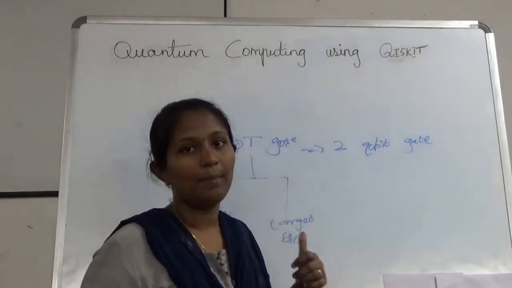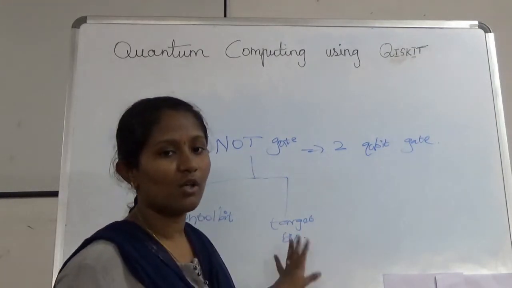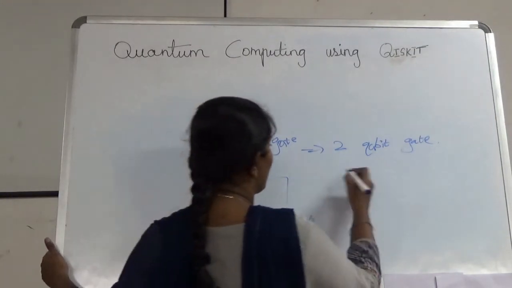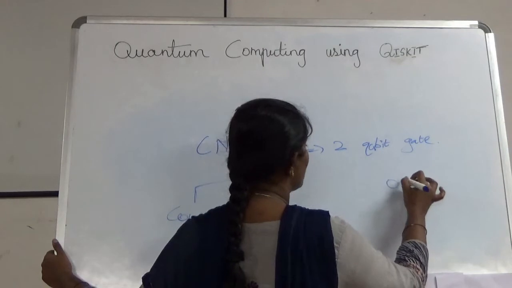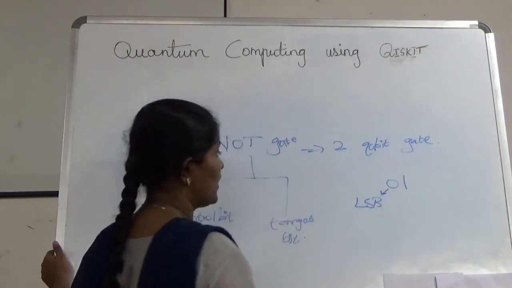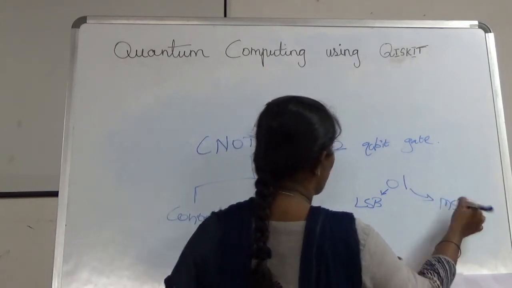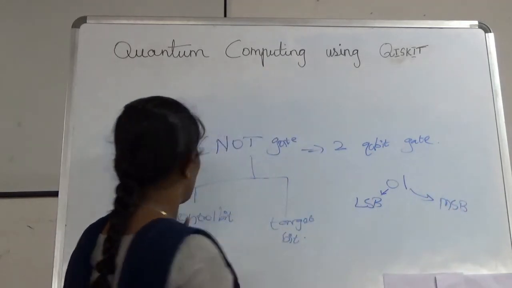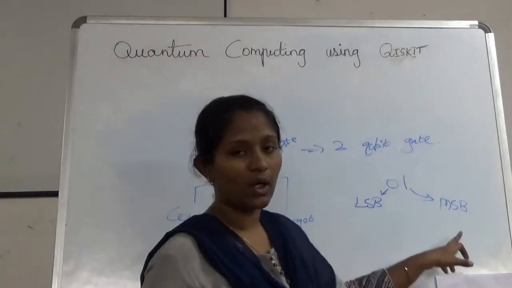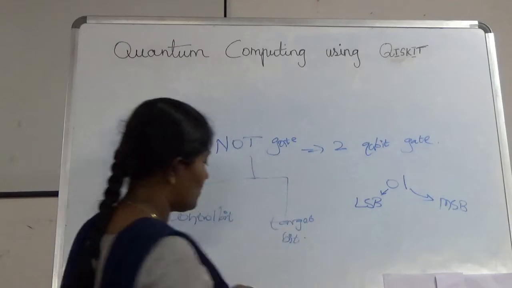The least significant bit is always considered to be the control bit, and the most significant bit is always considered to be the target bit. That is considered 2 qubits, 0 and 1. 0 is the least significant bit and 1 is the most significant bit. Therefore, 0 is the control bit and 1 is the target bit. Based on the LSB, the MSB will be changed.